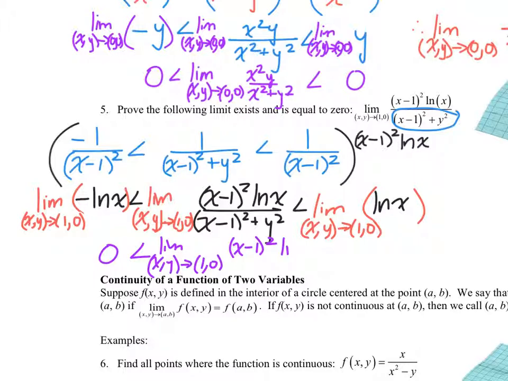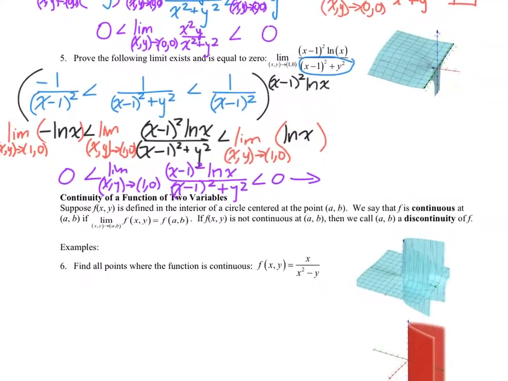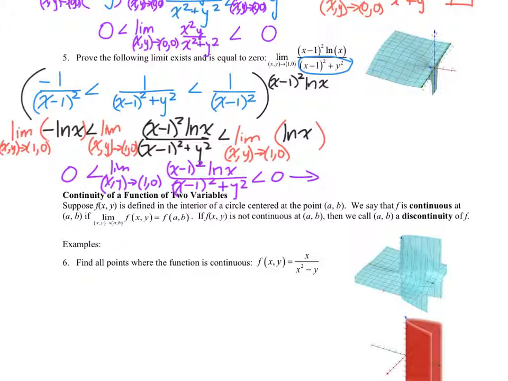So limit again. If you're wondering why I'm taking great pains to write all of this stuff, even though it's like, do we really need to write it? Unfortunately, you really need to write it because a limit is a proof.